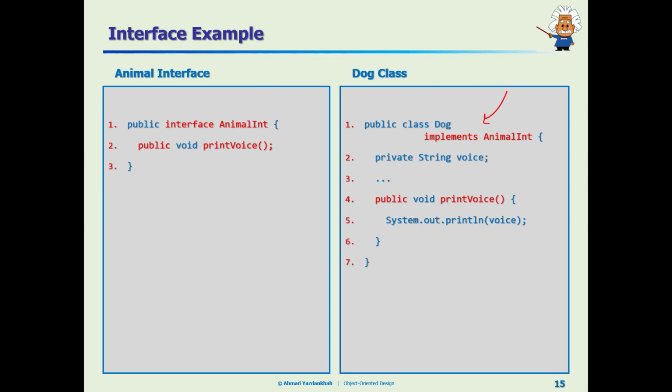Then the Java compiler, and in this case, when you are using Eclipse, let's say, when you say implements animal int, then Eclipse will expect that you implement this method.